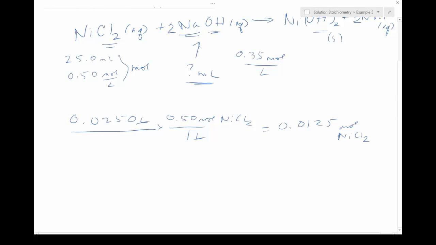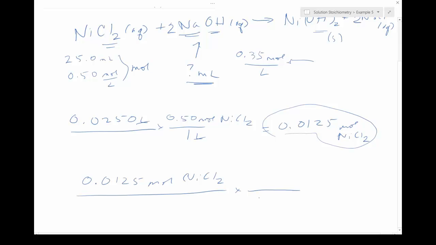Now, I said that the amount of sodium hydroxide that I add is going to be dependent upon the concentration of the sodium hydroxide. Well, for sure. But it's also going to rely upon how much nickel I need to react with, of course. So now is where I need to relate the nickel(II) chloride to the sodium hydroxide.